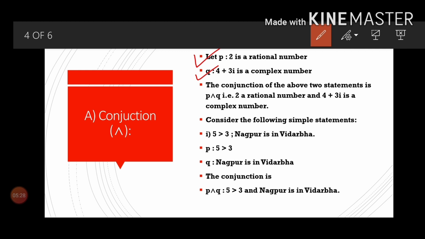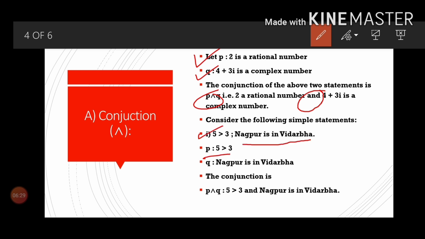The conjunction of the above two statements is P and Q, that is, 2 is a rational number and 4 plus 3i is a complex number. The connective joining the two simple statements is AND.